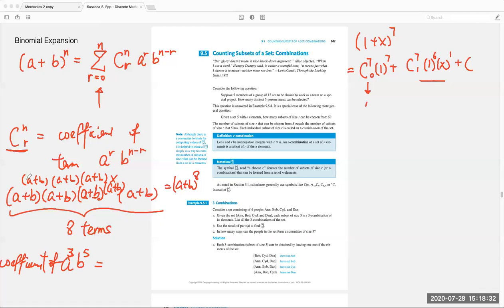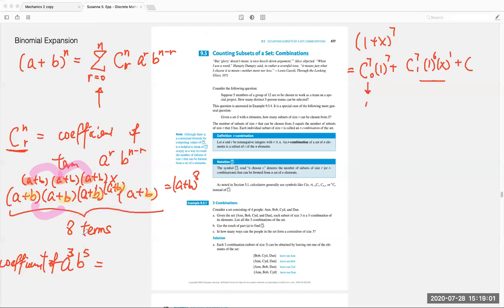So you can choose the A in these 3, and you can choose the B in these 5 terms. Then if you multiply them together, A times A times A times B times B times B times B times B, you get one term that is A^3 times B^5.